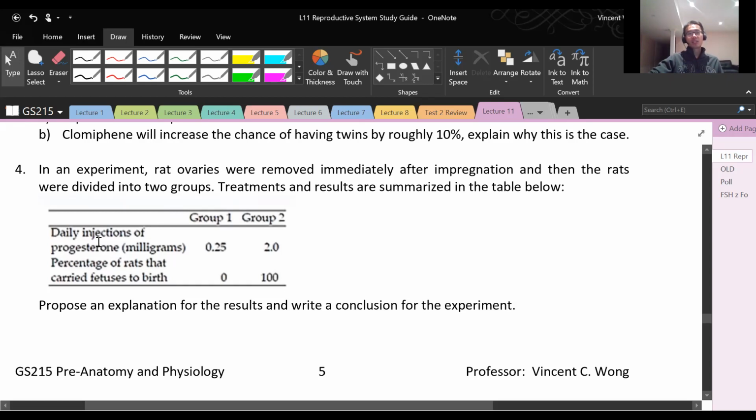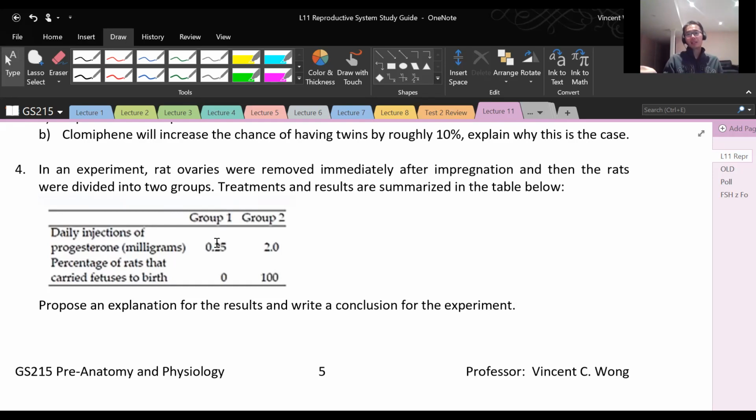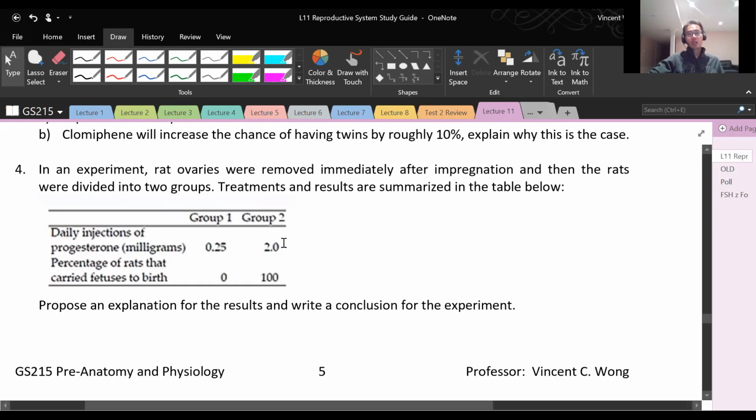If you don't give them the progesterone injection, the endometrium will not be maintained, and without the endometrium, the lining sheds and the implanted egg will not be able to develop. So with the injection of progesterone, even without the ovary, they're still going to be able to carry the fetuses to birth.